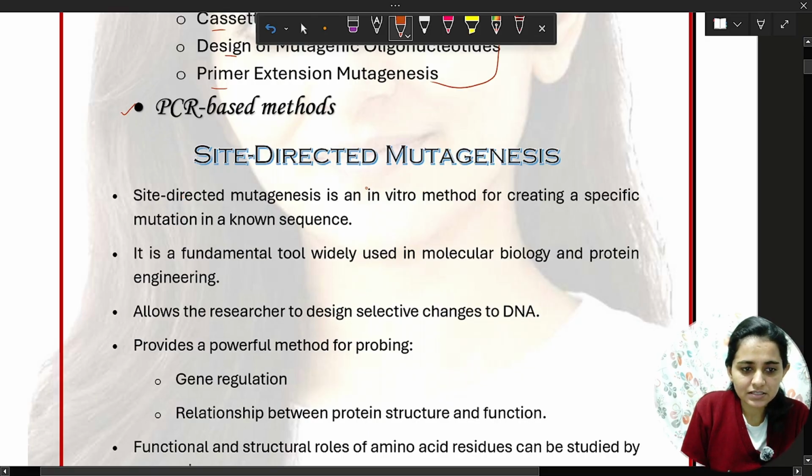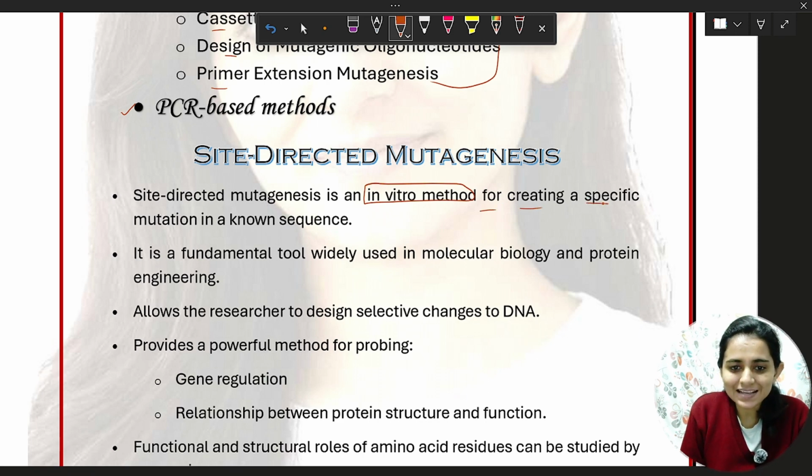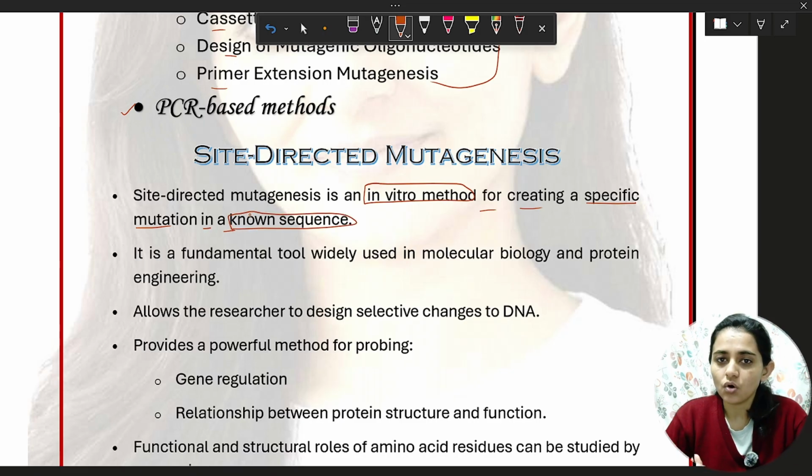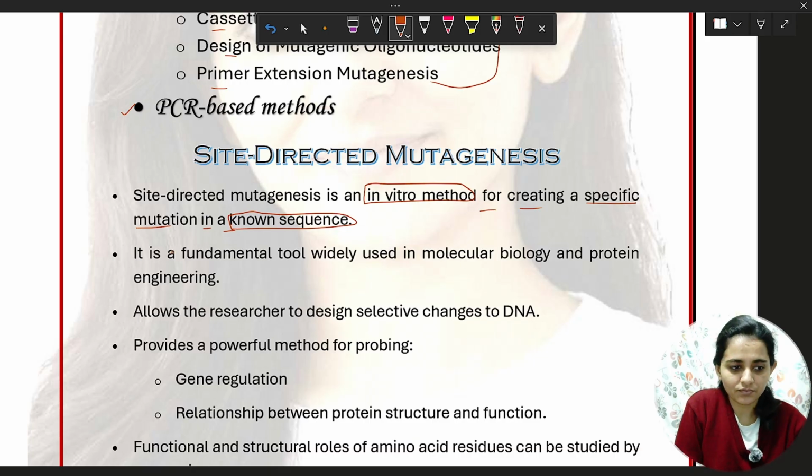Site-directed mutagenesis is an in vitro method, meaning we are doing it in the laboratory, for creating specific mutation in a known sequence. We already know the sequence where we are doing the mutation. So the known sequence will be reformed or modified, and will convert into the mutated, non-wild, non-natural form.